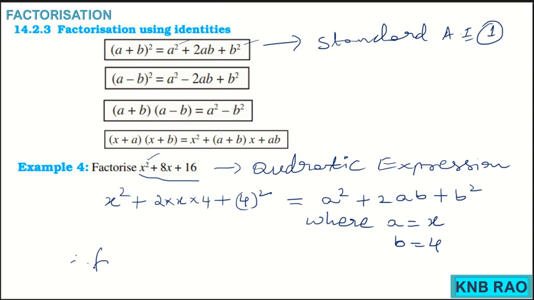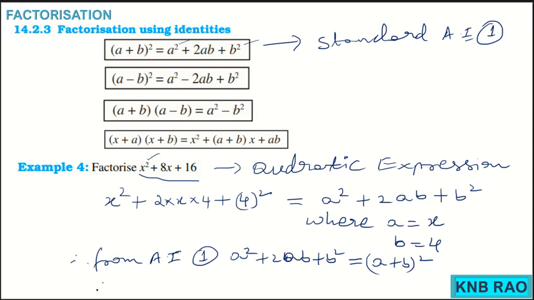Therefore, from algebraic identity 1, a square plus 2ab plus b square can be written as a plus b whole square. Thus, x square plus 8x plus 16 can be expressed as, instead of a I will substitute x, plus instead of b I will substitute 4, whole square.